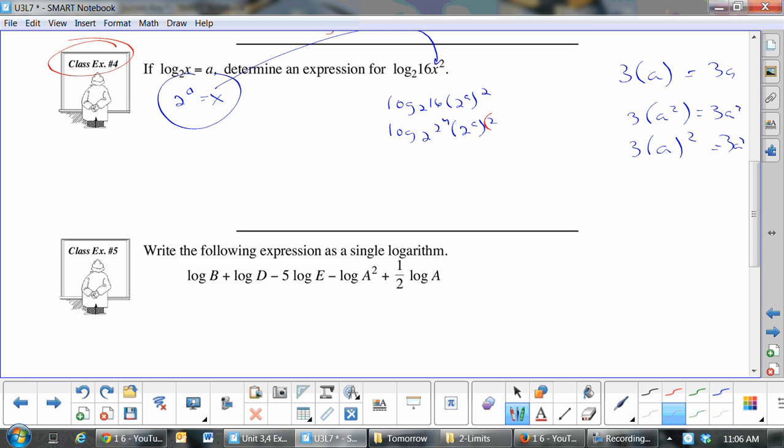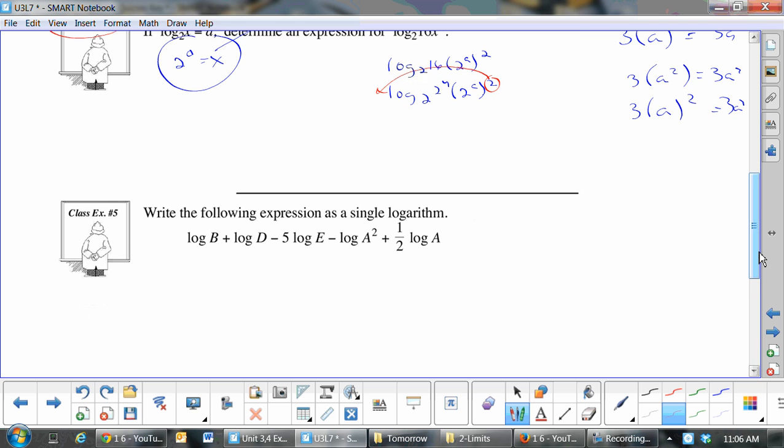Like you want to bring this down here? Is that what you want? Oh, okay, I'm with you. Okay, so we want log 2 to the 4 and 2 to the 2a.